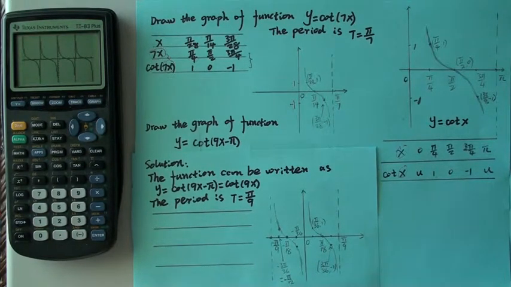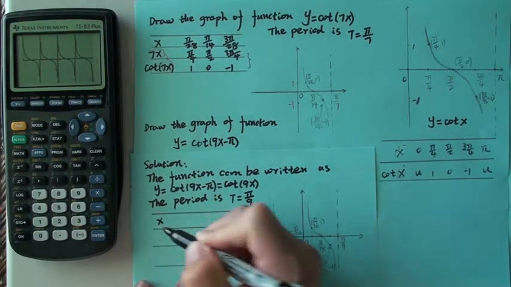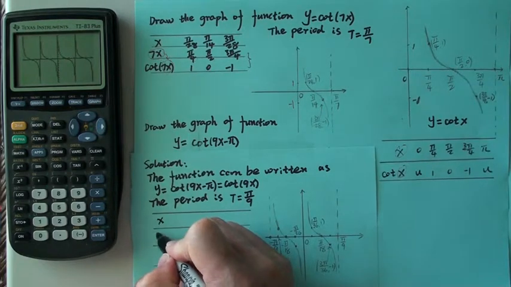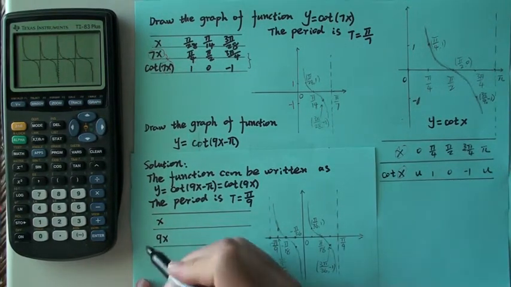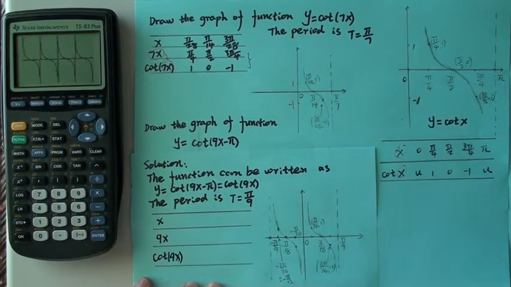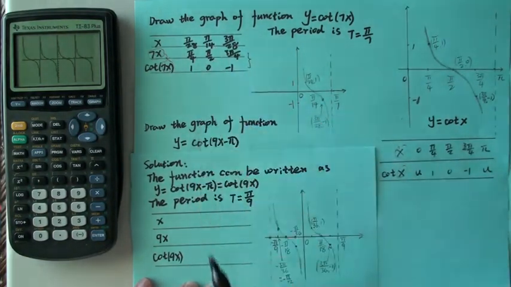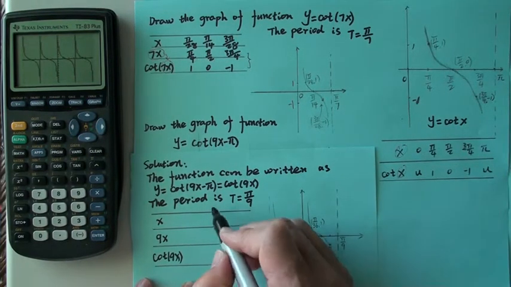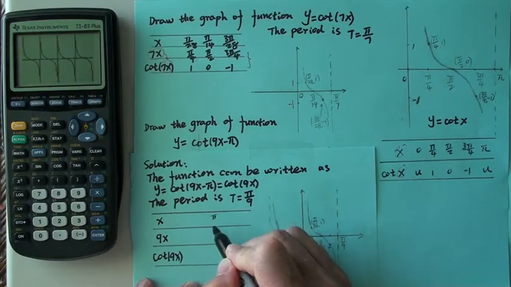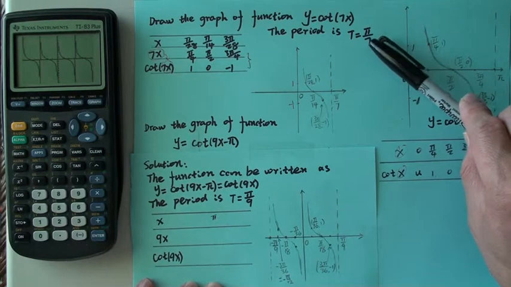You may do the things right here similarly. When x equals something, then you will have 9x equals something, and then you have cotangent of 9x. So what's the middle value here? The middle value, you can see down here was pi over 14, and here it was pi over 7 multiplied by 2.